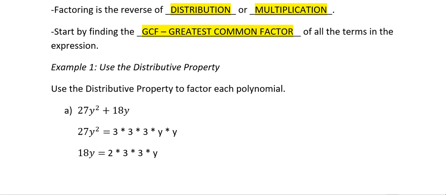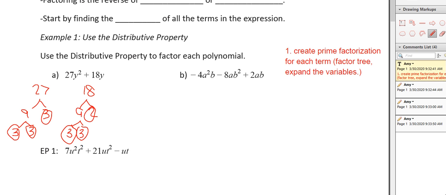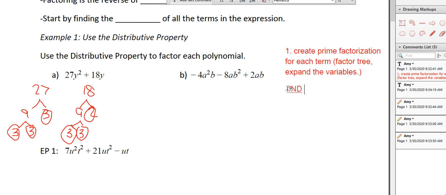Okay, so that was my first step, creating this prime factorization. Then we're going to write the GCF. To find the GCF, my second step is to find your common factors. The best thing to do here is circle these.